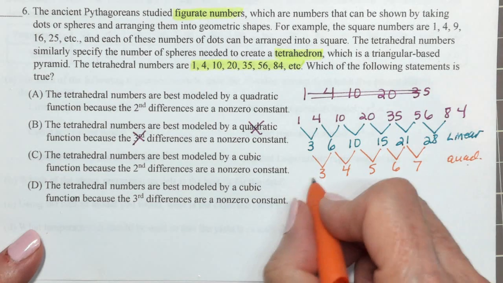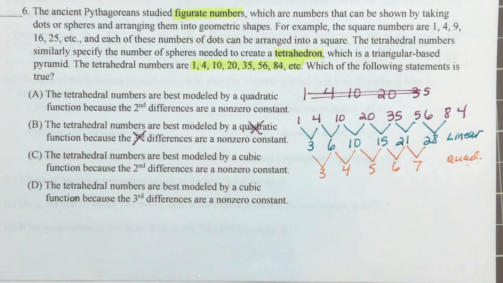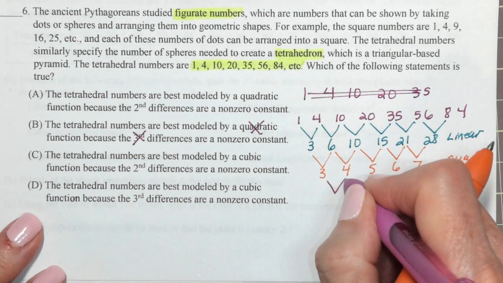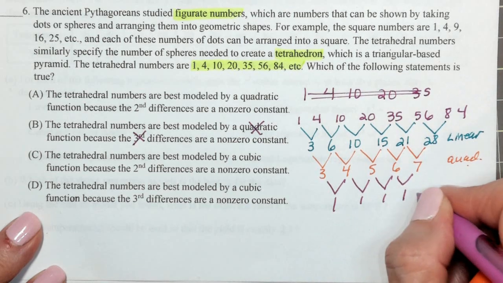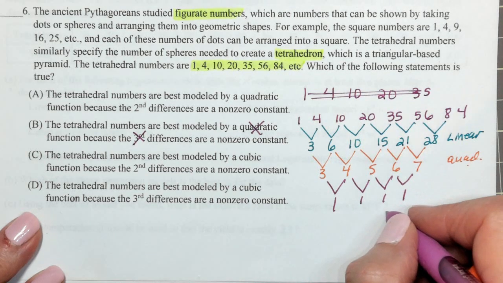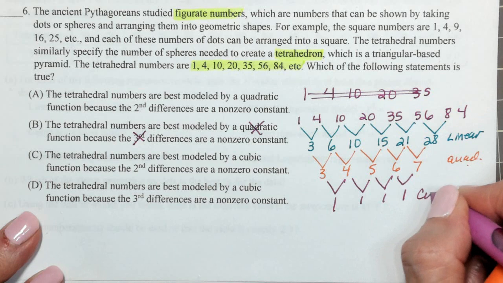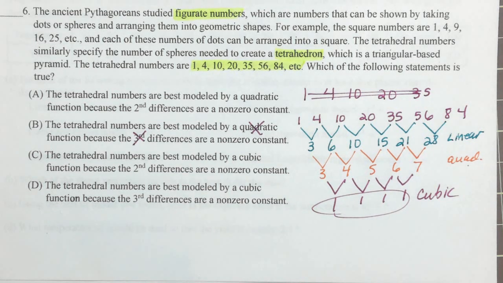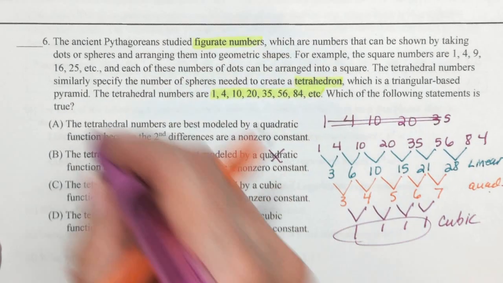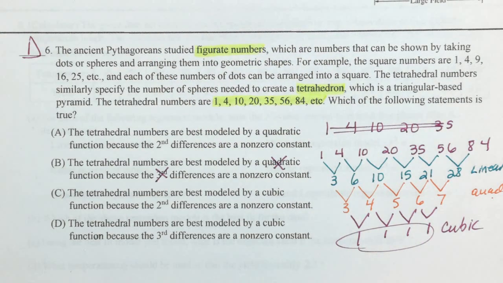Not quadratic, because this is not a constant. So I do know what my answer is, but just to complete my thought process, this has to be cubic because the third difference is a constant. So D. Okay, I'm going to pause there, start a new video so that this video is not too long.